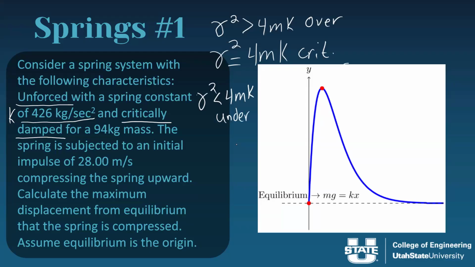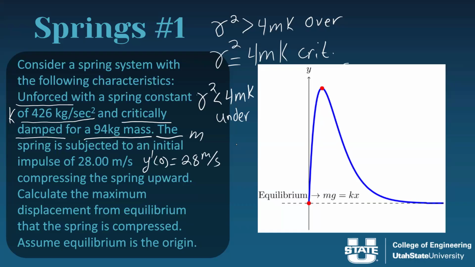Yes. So then we're also told the mass of the system. So there's our M. And then we're told it's subjected to an initial impulse of 28 meters per second. What is that telling us? Y prime, yes. At y prime of 0, we have a speed of 28 meters per second.